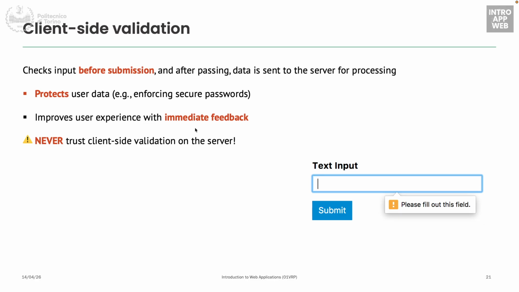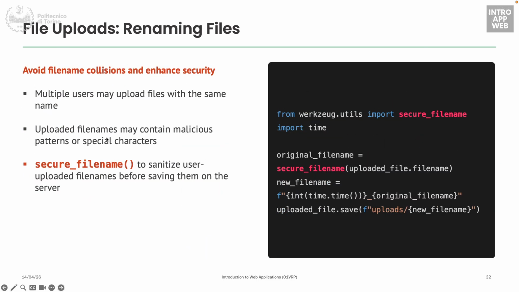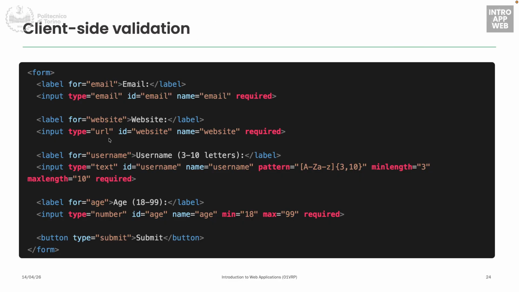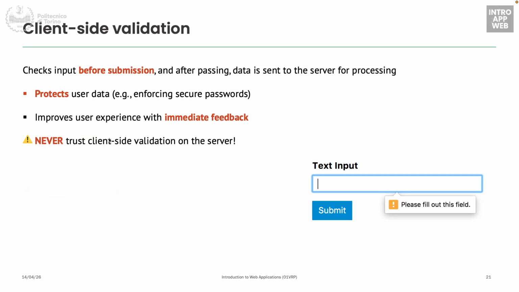So on the client side, before the submission, we check, for instance, to protect the user data, and it improves the user experience, but we must never trust the client-side validation on the server, okay?